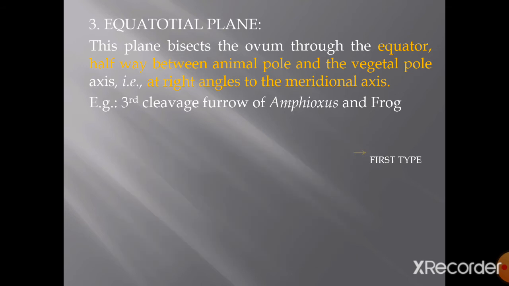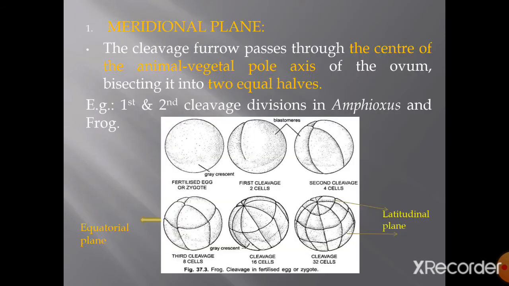Now let me go back to the previous slide. Here you can see the 8-celled embryo, and the horizontal line is the equatorial plane. So this is what I meant by equatorial plane.